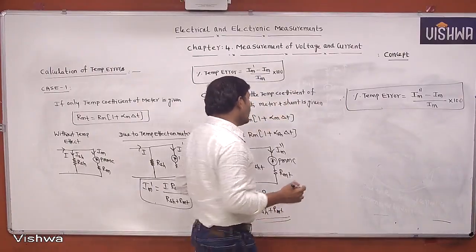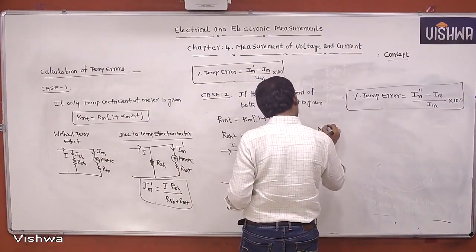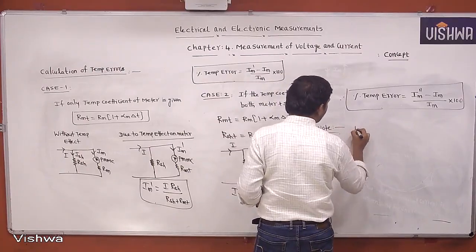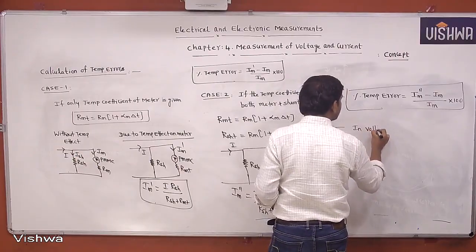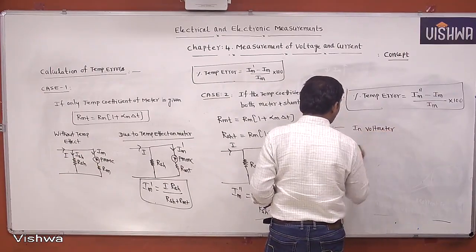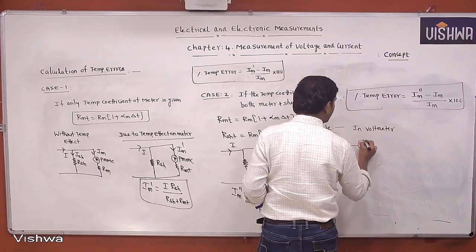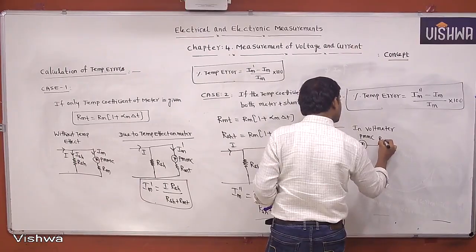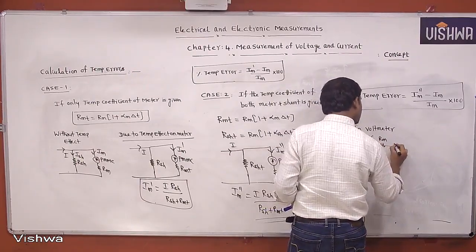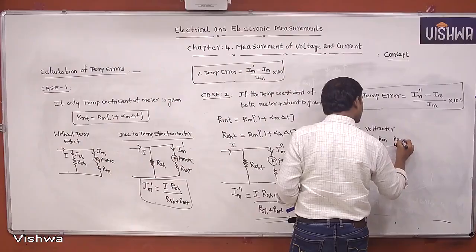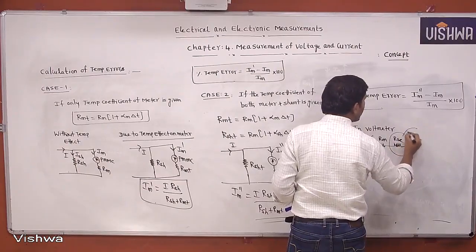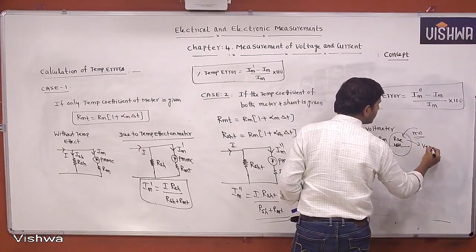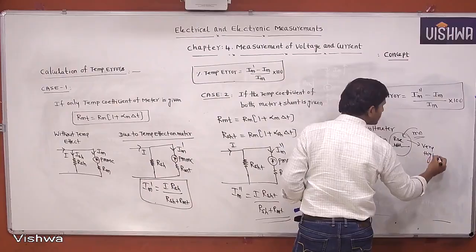Okay, but a point to remember, note: in a PMMC voltmeter, this is the PMMC meter movement, and this is the meter resistance, and this is the series resistance. This series resistance is made with which material? Manganin, and it is a very high resistance.